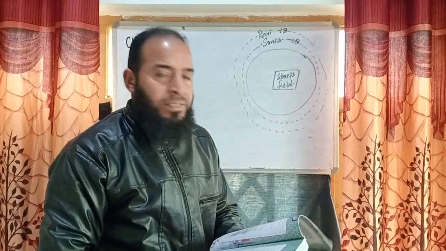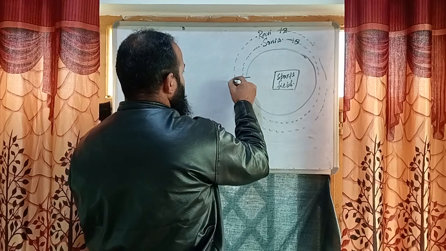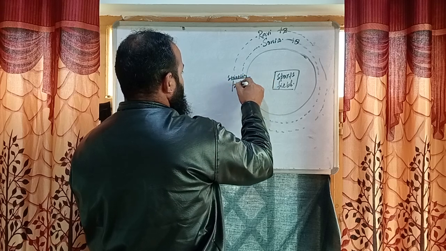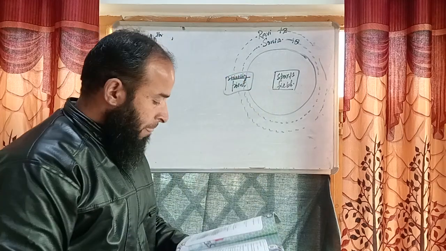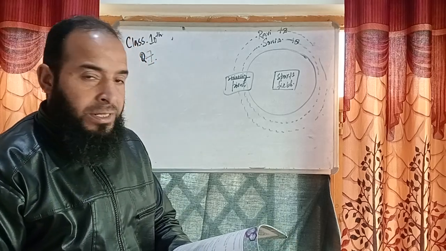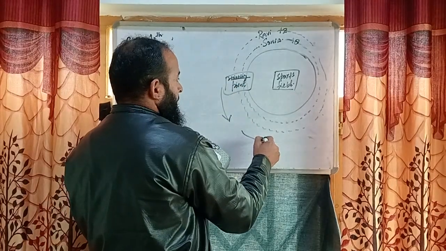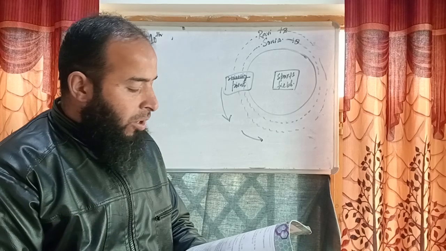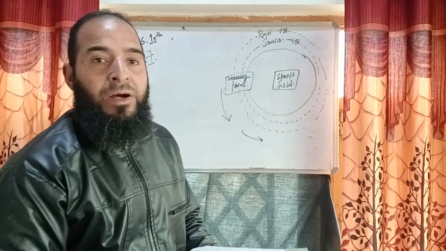Suppose they both start at the same point, this starting point, at the same time and go in the same direction. After how many minutes will they meet again at the starting point?